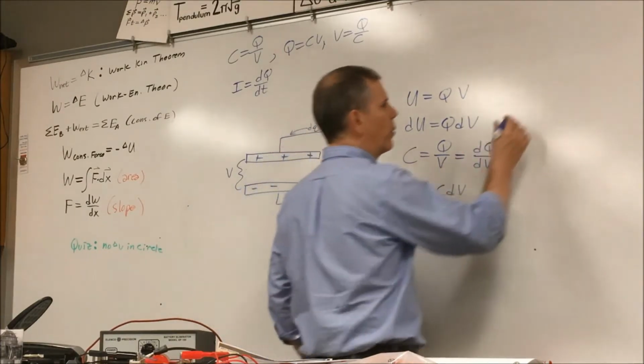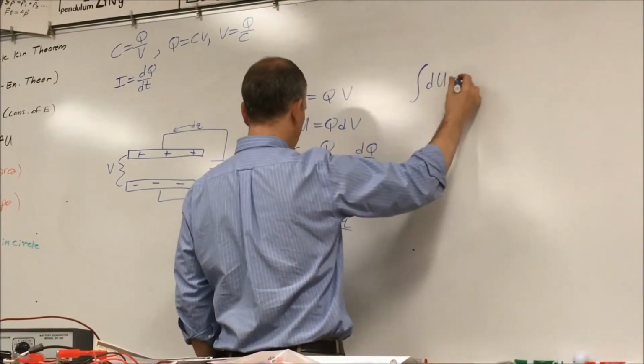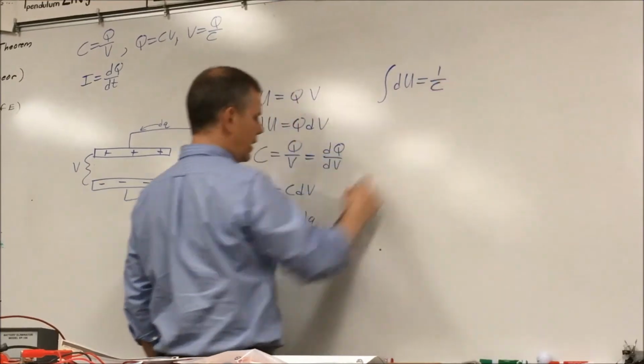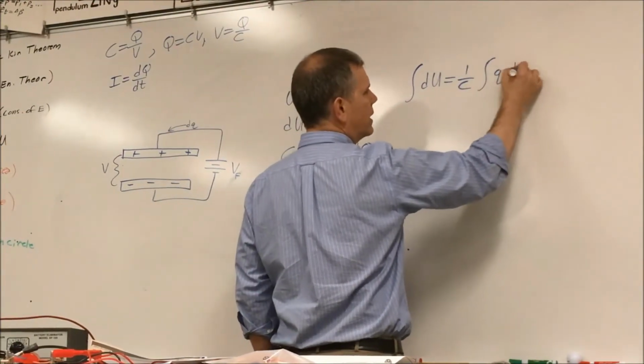Okay, so now we're going to actually do the antiderivative. U is going to be 1 over C, because that's a constant, right? The integral of q dq.